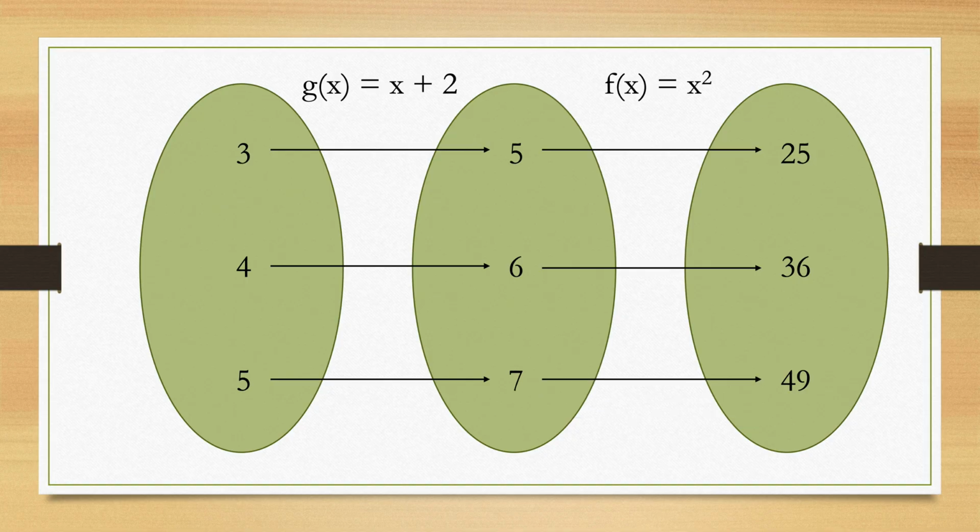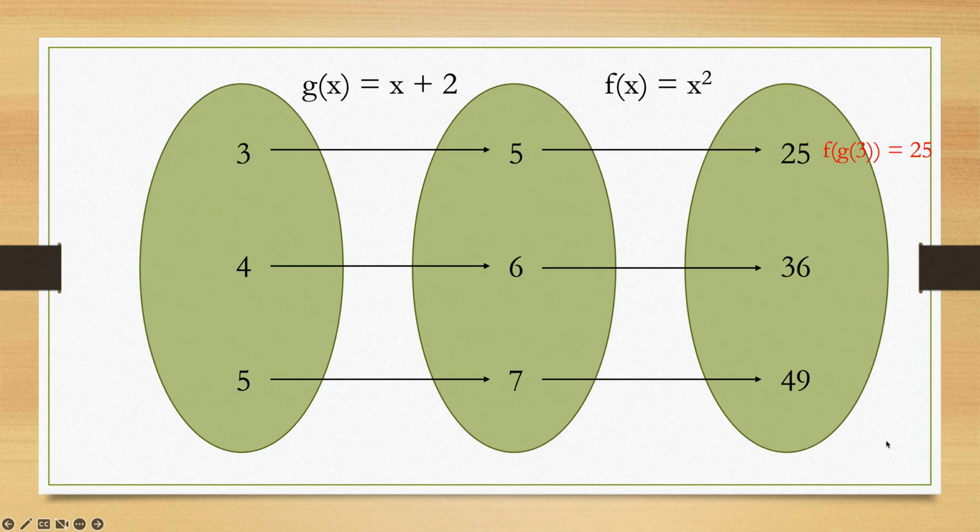When we look at the composition of functions, what we're saying is that f of G of 3 goes all the way to 25. F of G of 4 goes all the way to 36. F of G of 5 goes all the way to 49. Okay? All right.